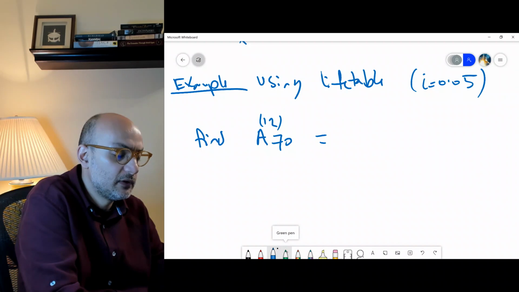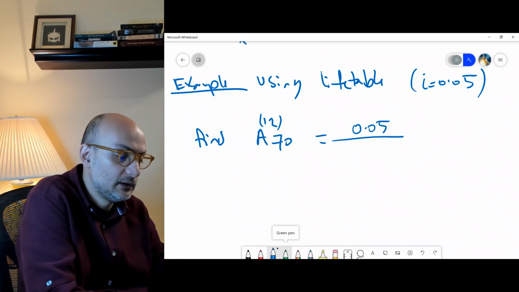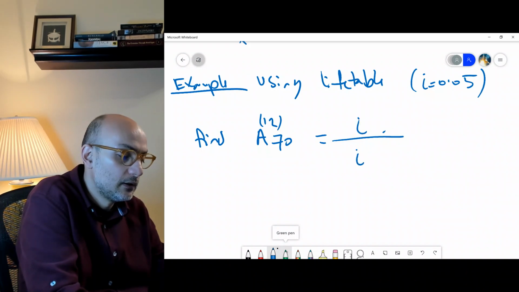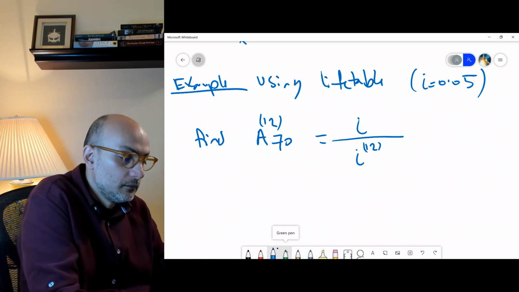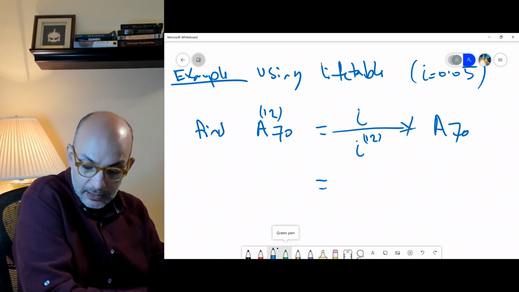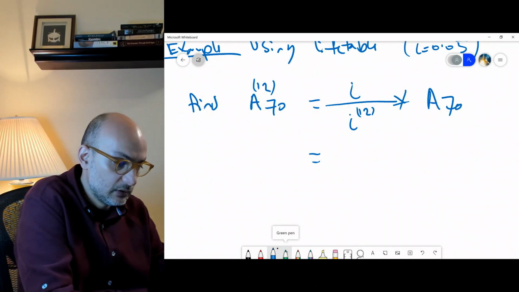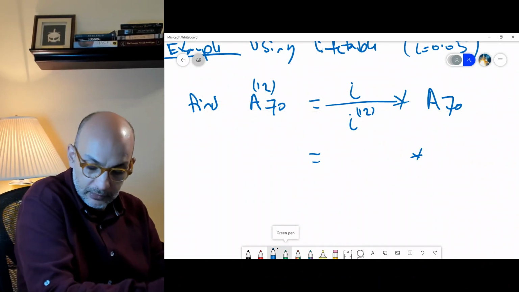You will have 0.5 divided by, let's just keep it, this one, 12, multiplied by A70, and A70, if you go back to the life table, is 0.42818.